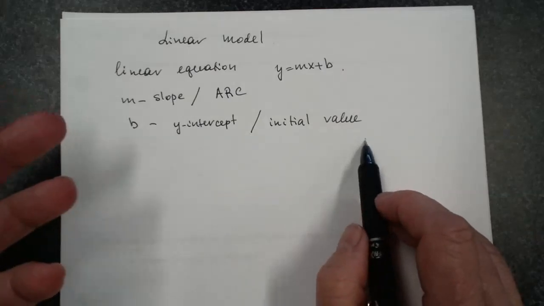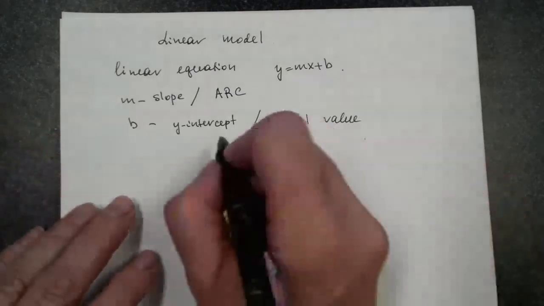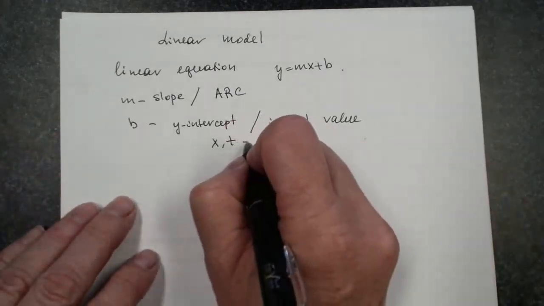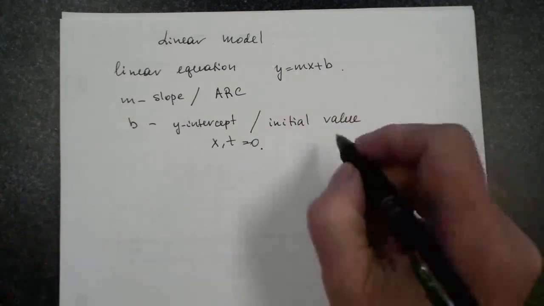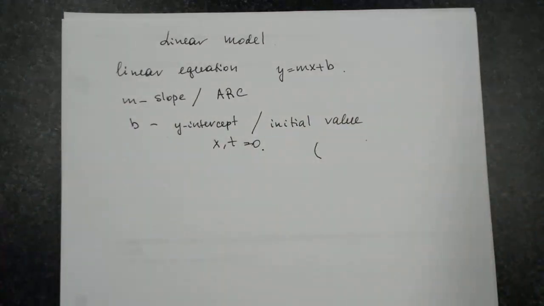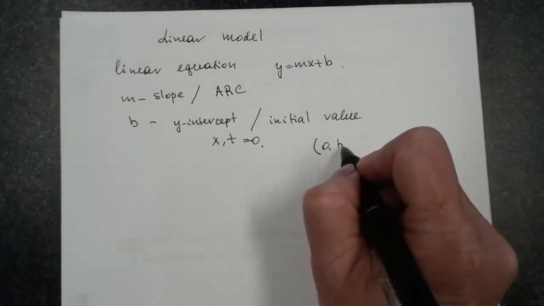How will we find it? What is the way to find it? x or t equal to 0. What will be the ordered pair for the y-intercept? So it will be (0, b), right?